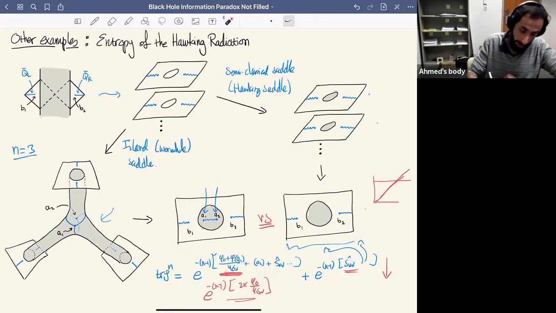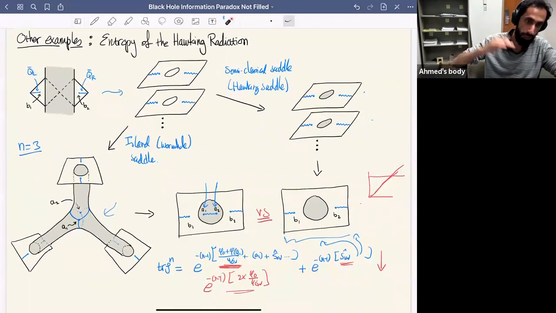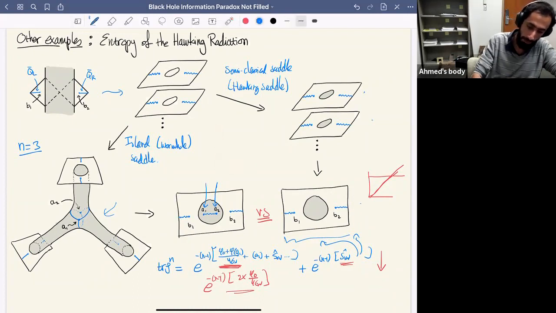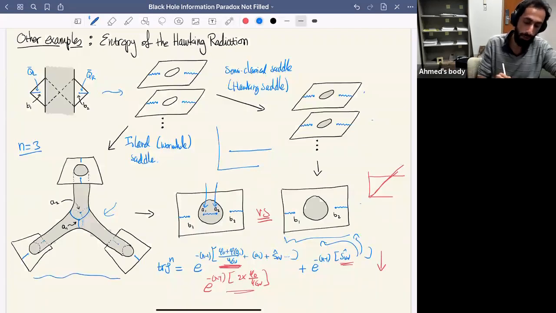But once you analytically continue these times to Lorentzian time, which is like saying that your path integral now has an excursion in Lorentzian time, then comes back down to zero again, only then do you find a saddle point. That's a statement that, if you remember, the island contribution started at some point only. That's that statement. Only once you evolve in Lorentzian time sufficiently do you start getting a sort of honest to God saddle point.